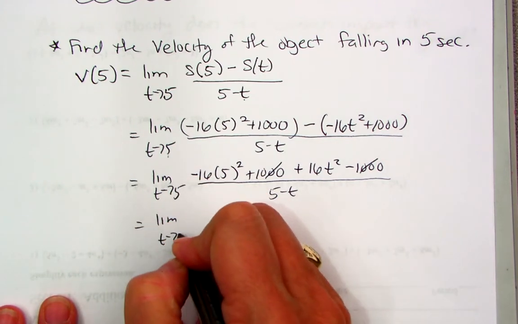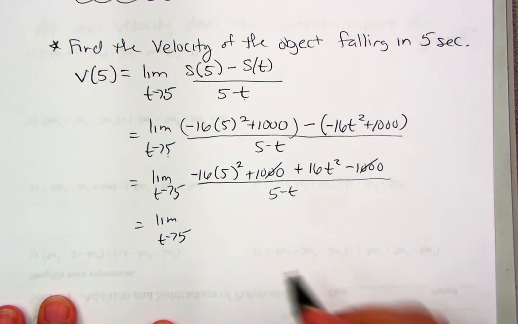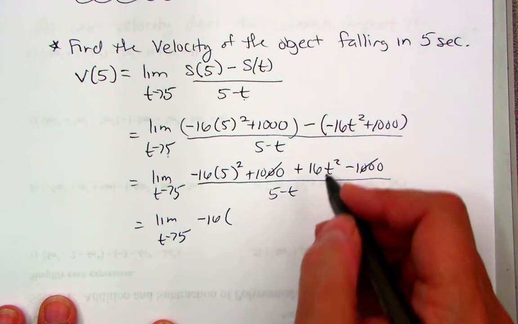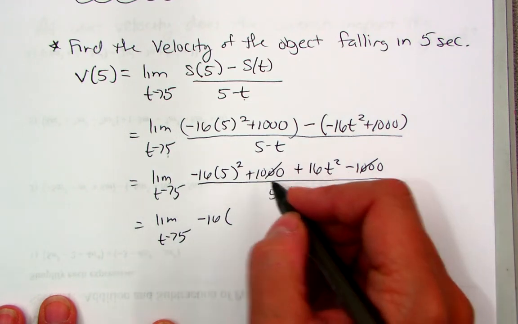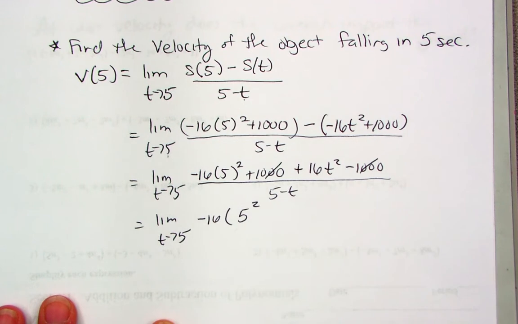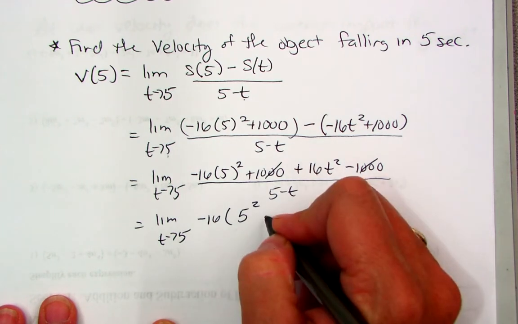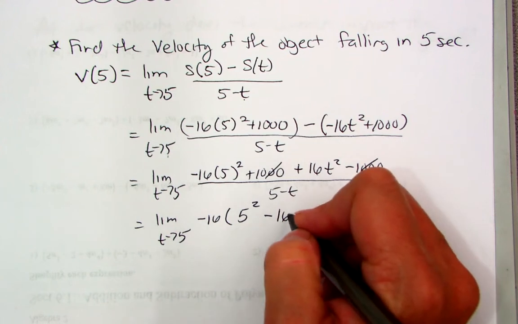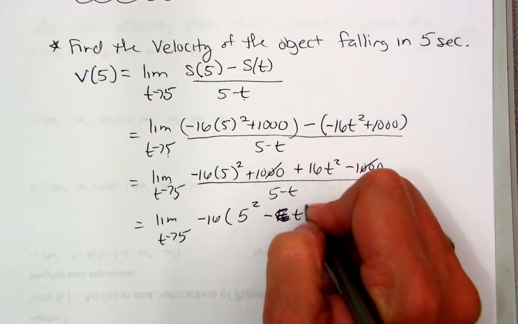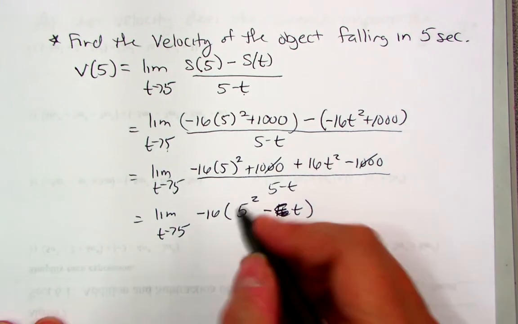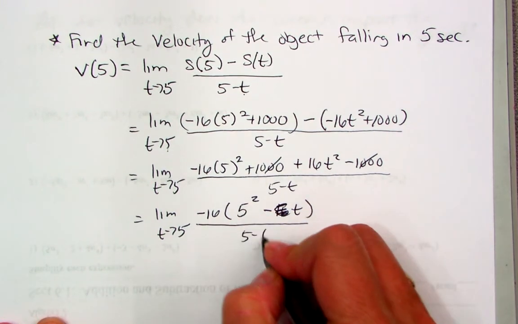I haven't taken the limit yet, so I need to carry the limit through. So let's factor out a negative 16 and see what I get. I am going to get a 5 squared here, and I am going to get a negative t squared here, all over 5 minus t.